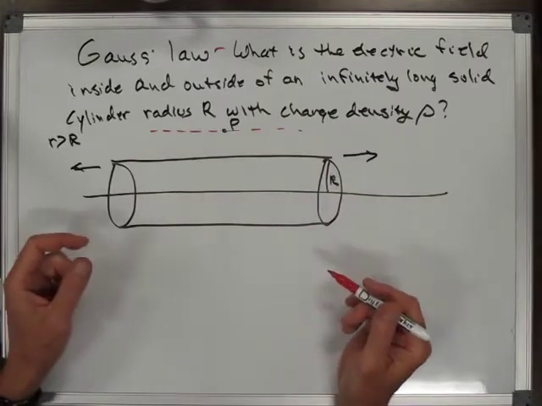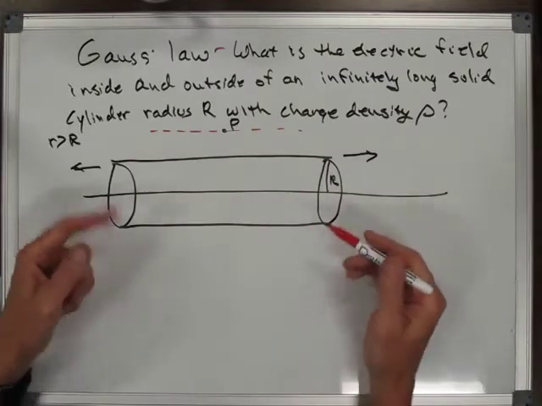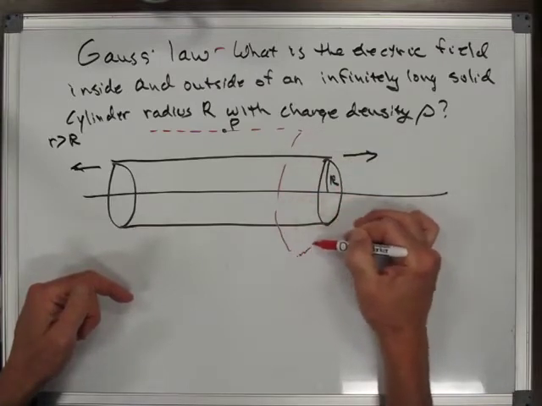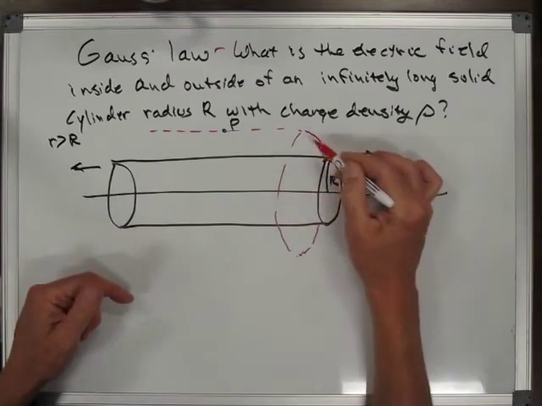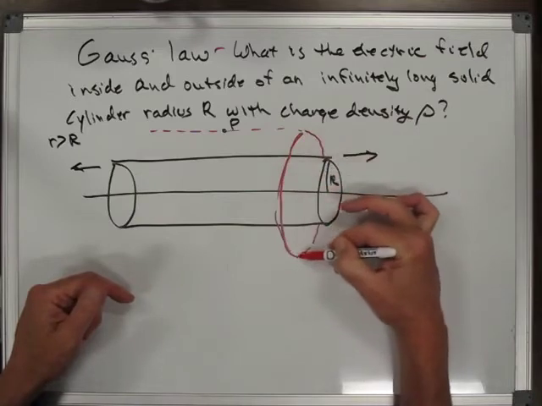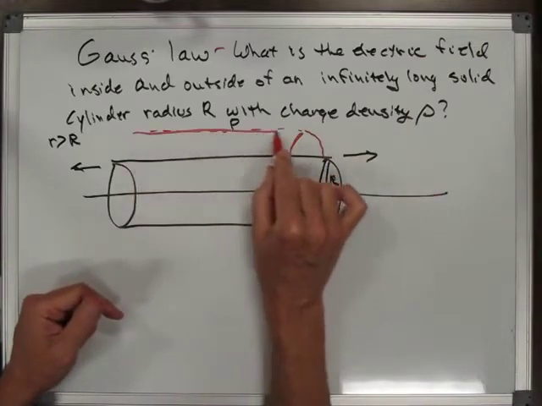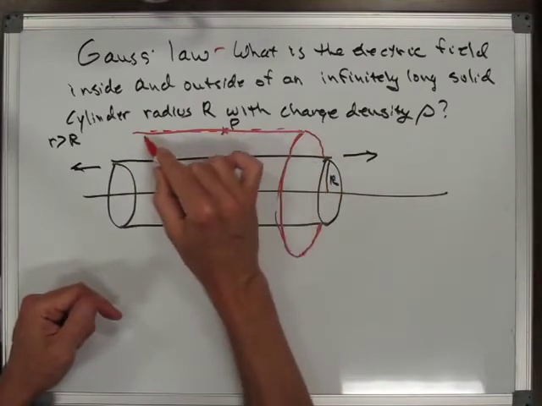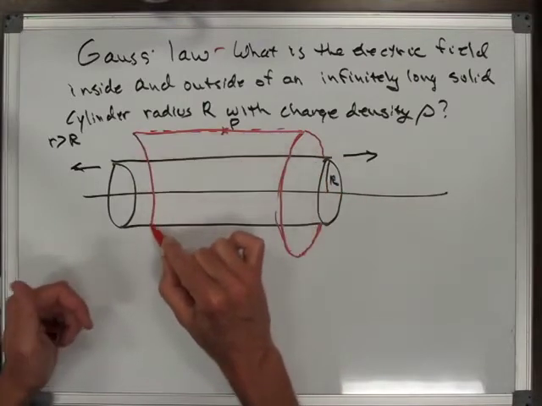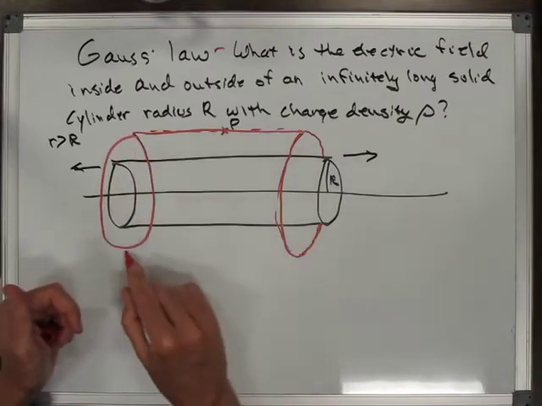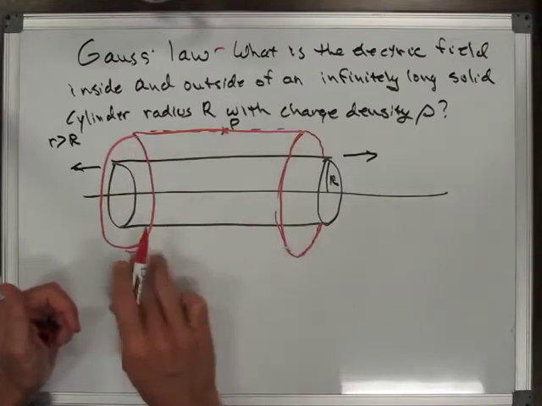Hopefully you can figure out how to draw a Gaussian surface for this by now. The Gaussian surface is going to be a cylinder, right? Hopefully of radius little r, which is larger than big R, right? And there's our top piece. This is the point that we're interested in. This guy goes around like that, connects over here somehow.